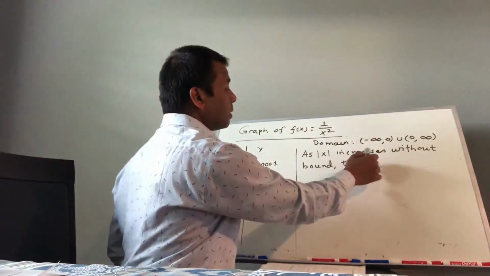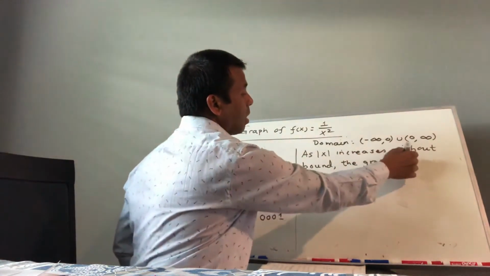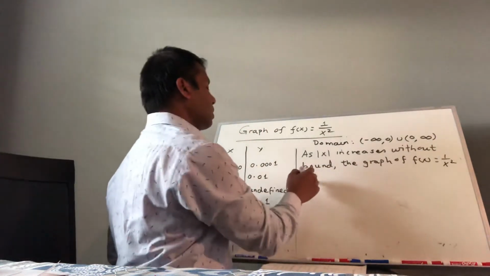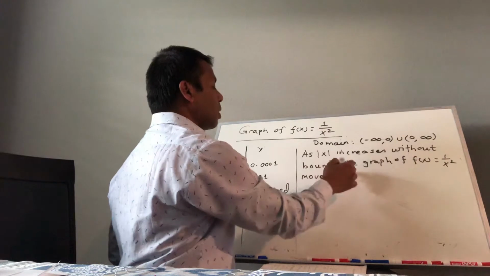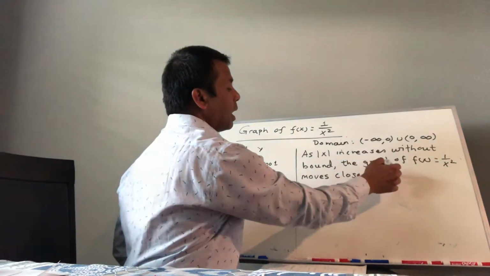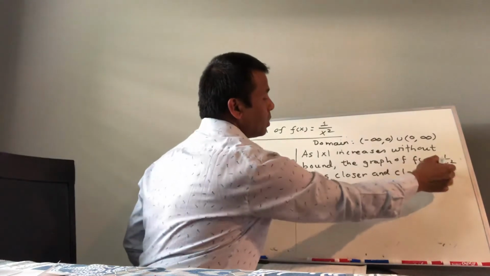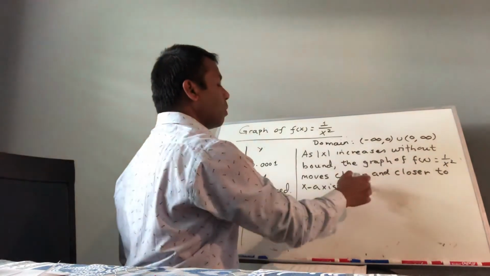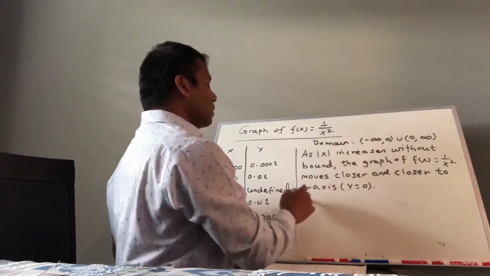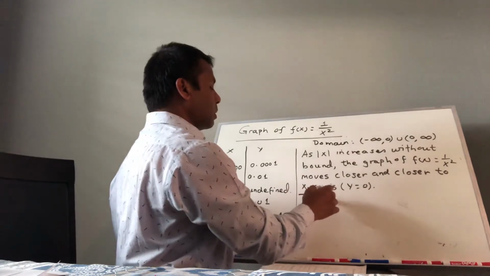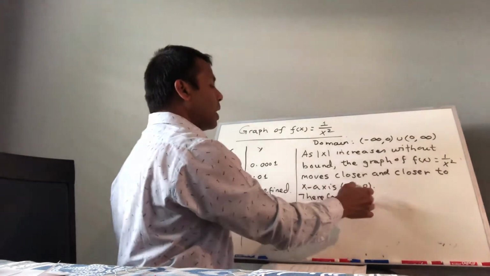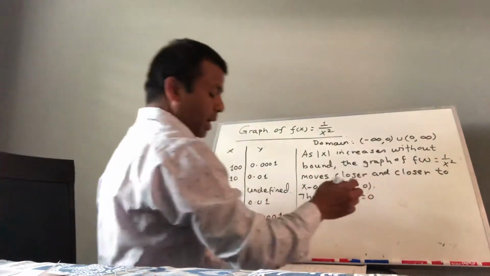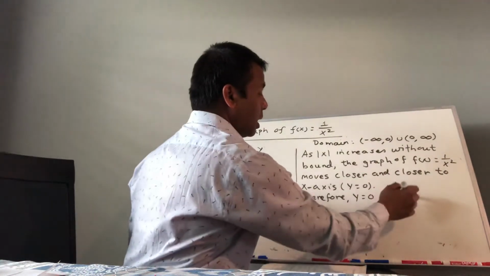The graph of f(x) equals 1 over x squared moves closer and closer to the x-axis, which is y equal to 0. So therefore, this y equal to 0 is a horizontal asymptote.